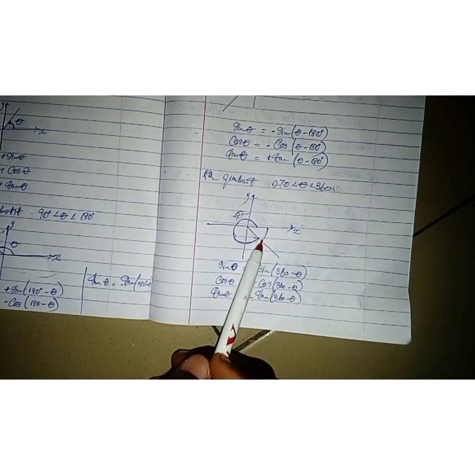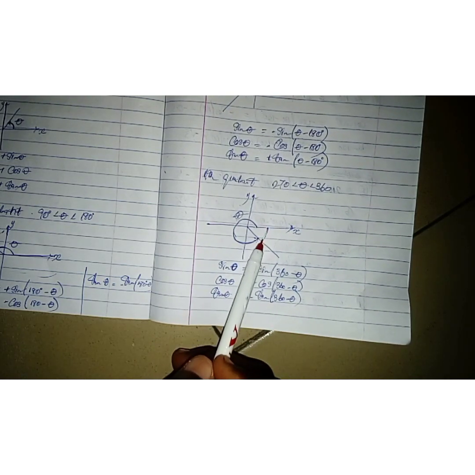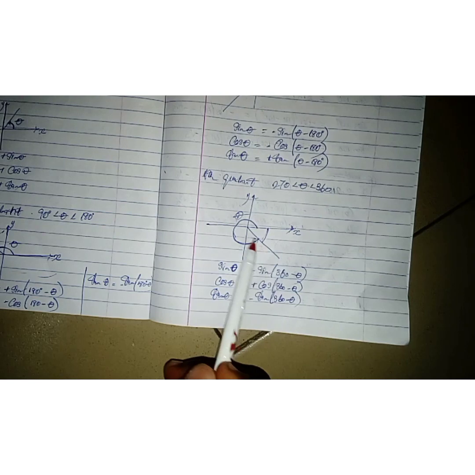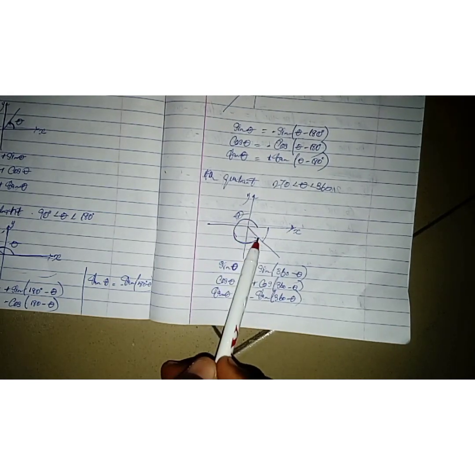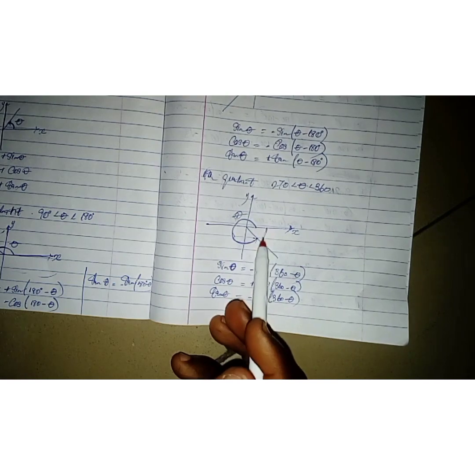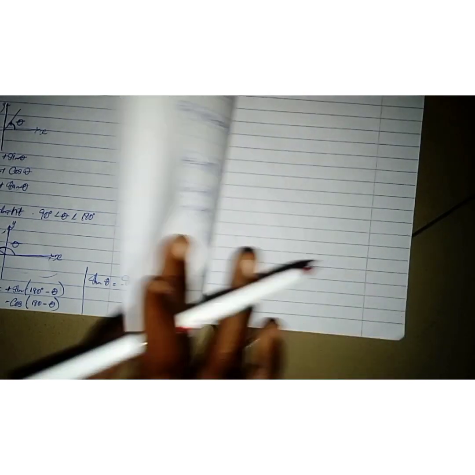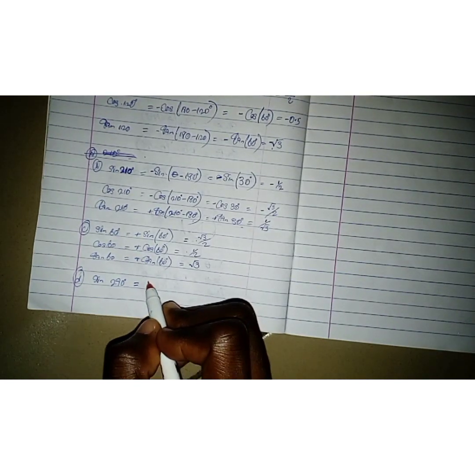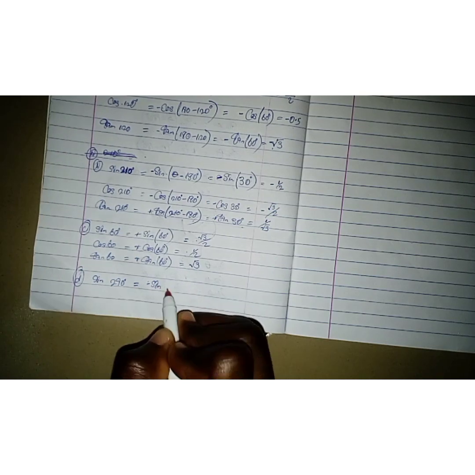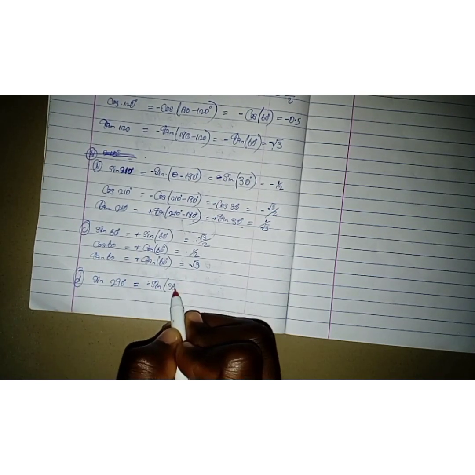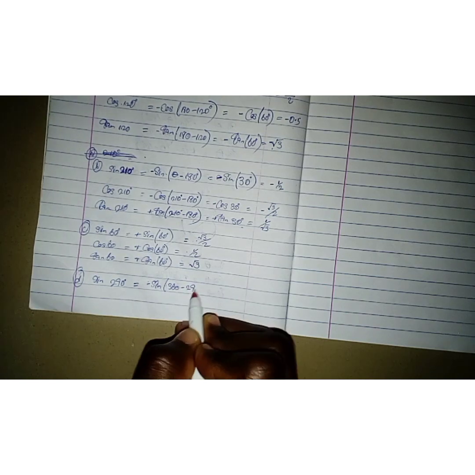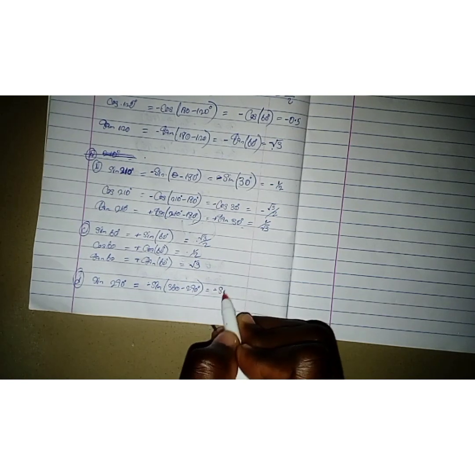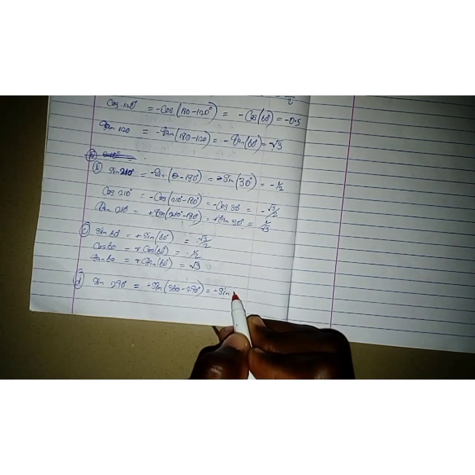So the negative sine of this angle is equal to sine theta. And at the fourth quadrant, only cos theta is positive. So we say negative sine of 360 minus 290 degrees, which is equal to negative sine 70 degrees.